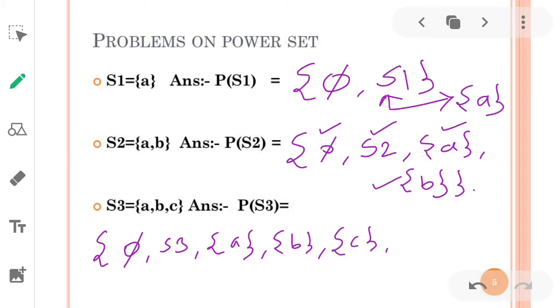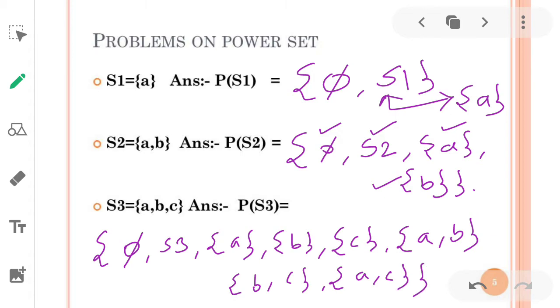Okay, next, as the power set of S3 contains 8 elements, we will form the combinations of 2 elements. So {A, B}, {B, C}, {A, C}.